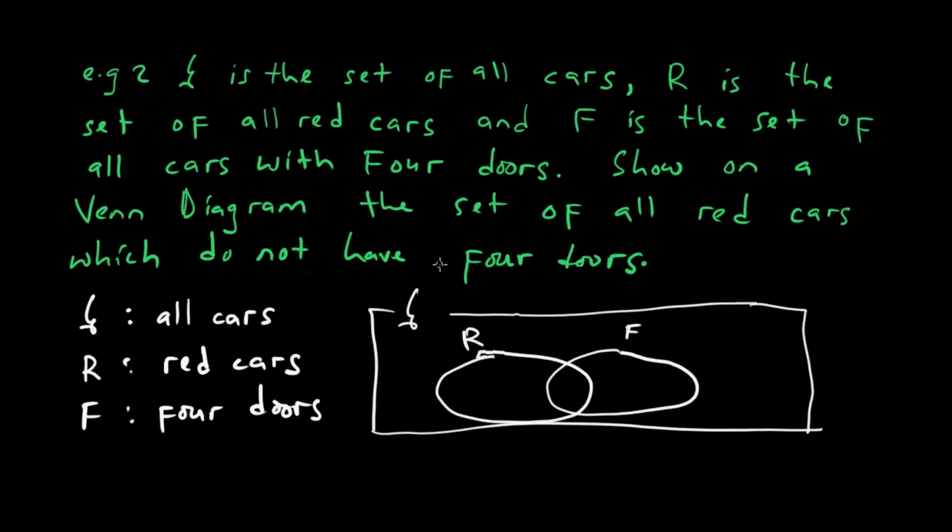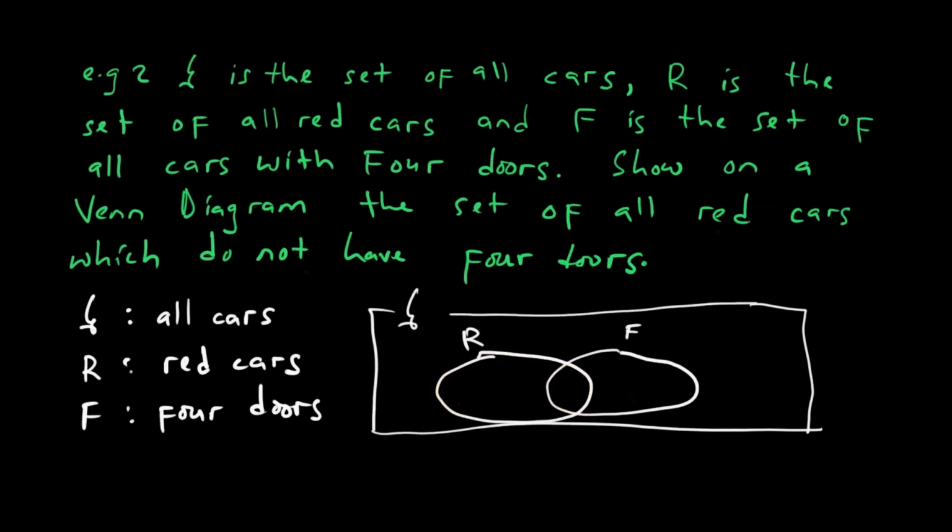Now, we have been told to show on a Venn diagram the set of all red cars which do not have 4 doors. So we will start by shading the region with all red cars. All red cars are in here, remembering that we also include the intersection. So this is all red cars.